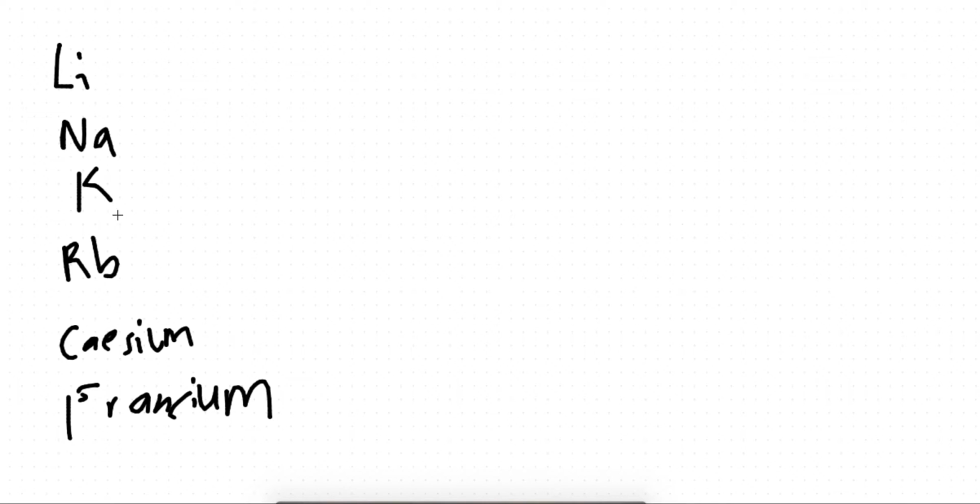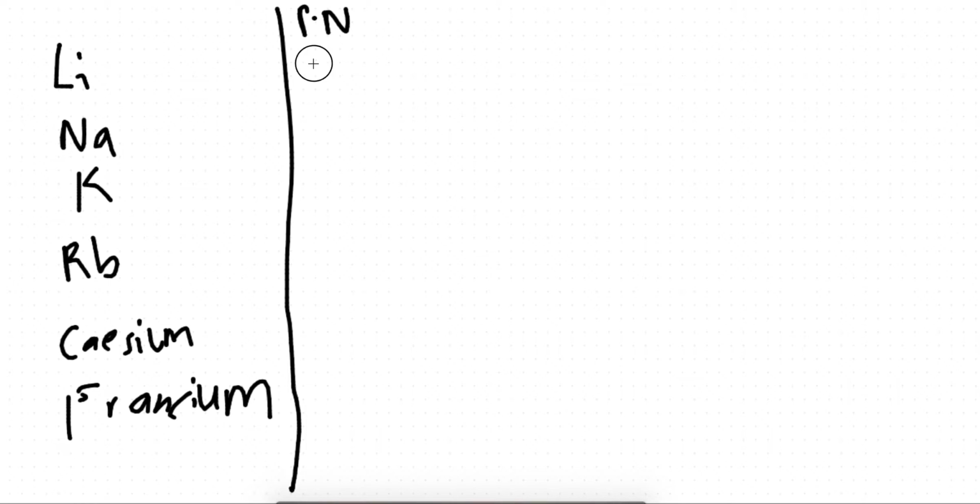Lithium, sodium, and potassium fall in the first 20 elements. So don't worry about the rest. Remember lithium, sodium, and potassium. Proton number, I'll just write down Pn stands for proton number. Lithium is 3, sodium is 11, potassium is 19. We won't talk about the rest.